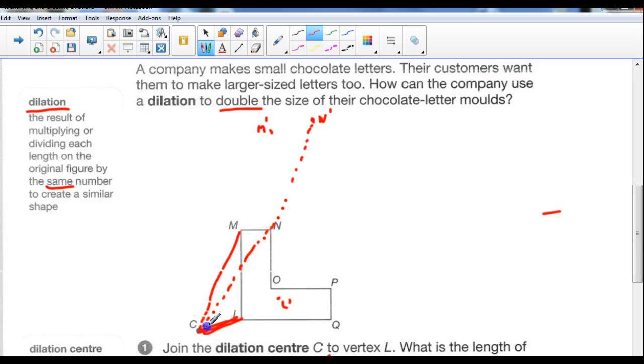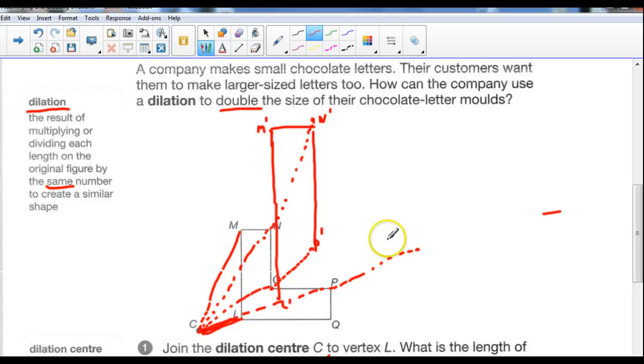Do the same thing here with O. Connect that to O, and then we can double it. Double the line. It comes to about here. So that's O prime. Now we can start to connect these points that we drew right here. We can do the same thing to P, and just double that length of line, and then that becomes P prime.